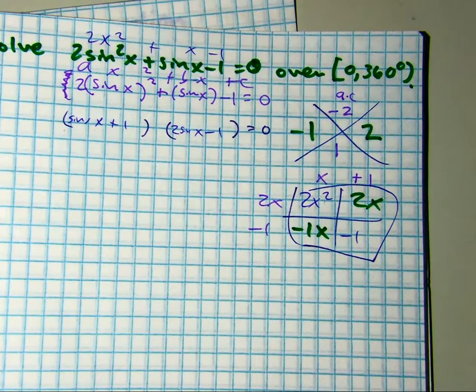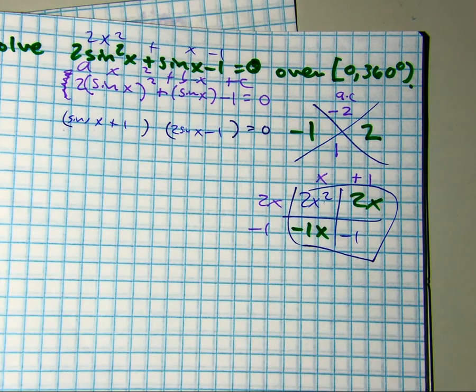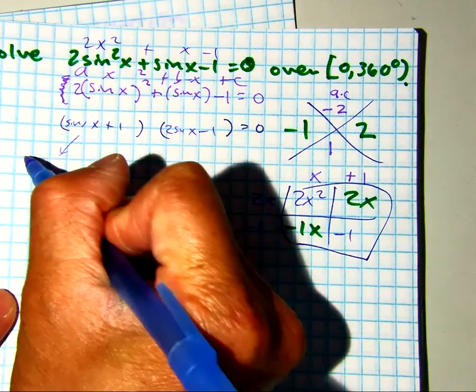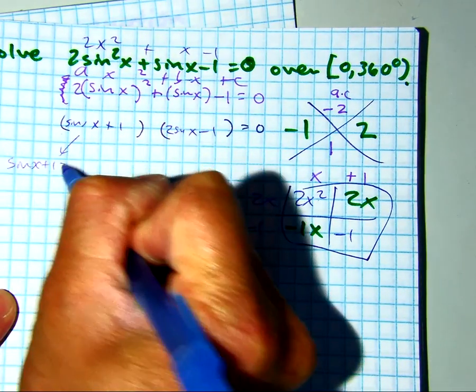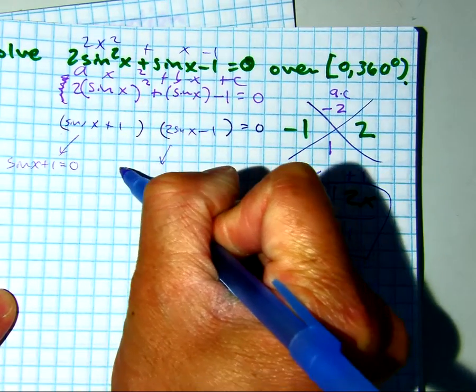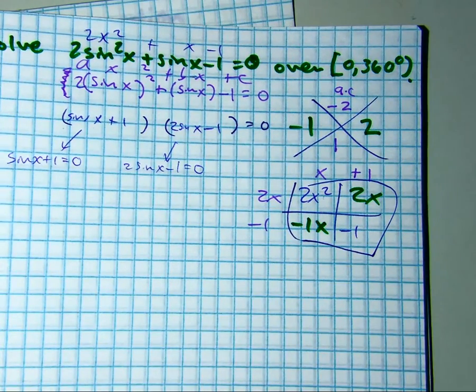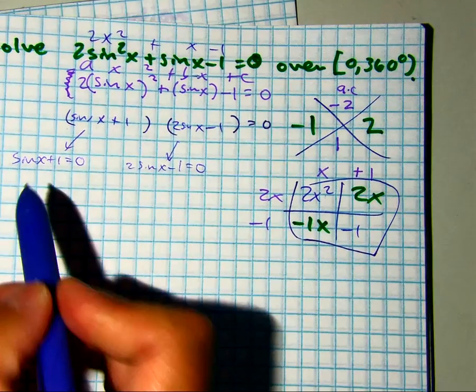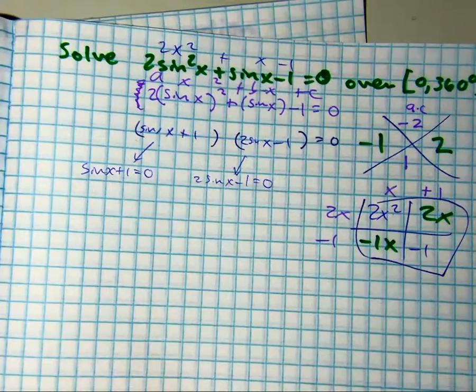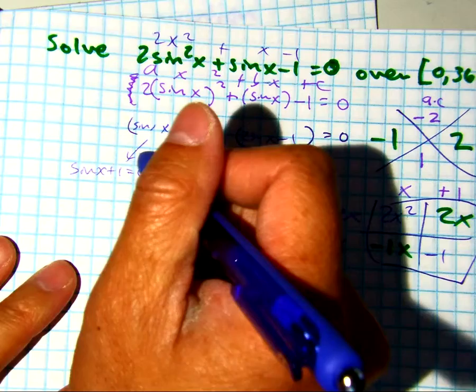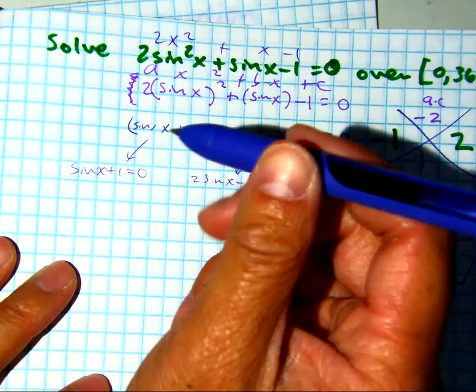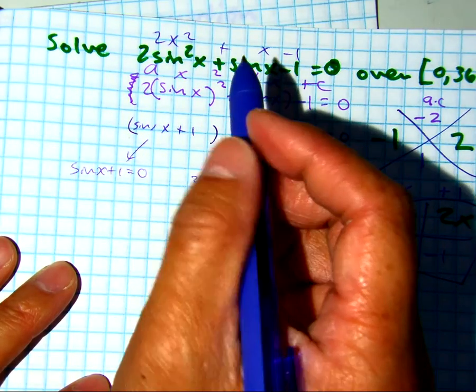Robin, what do we do next? Okay, how would you simplify this one? How do you do that?